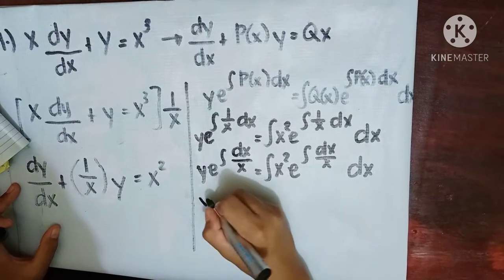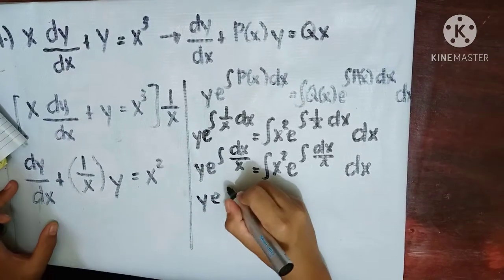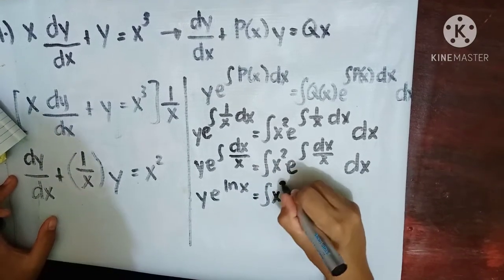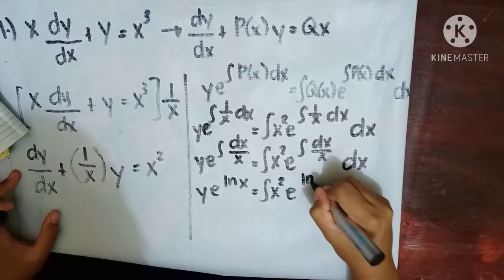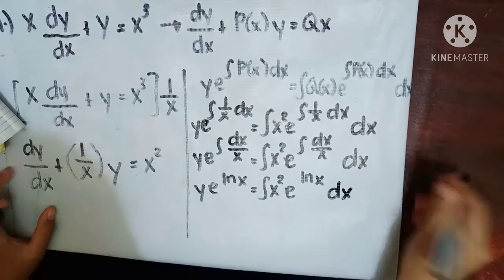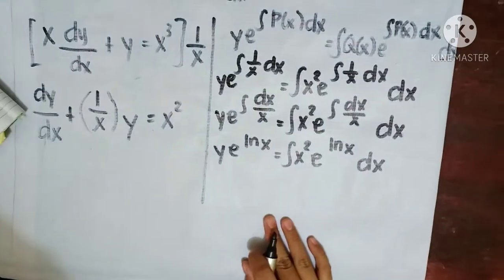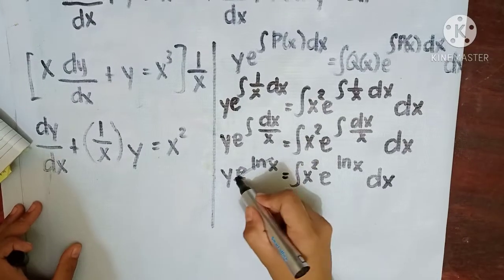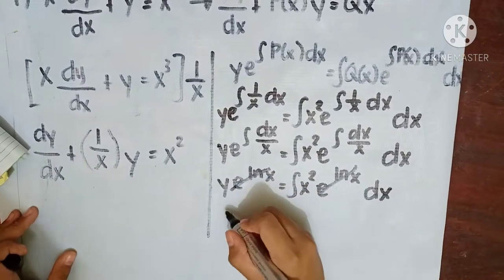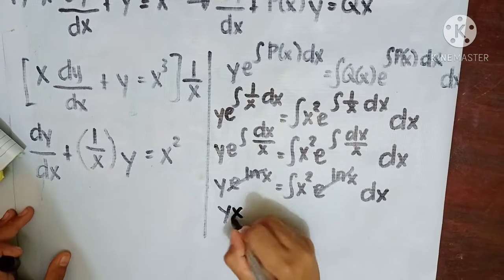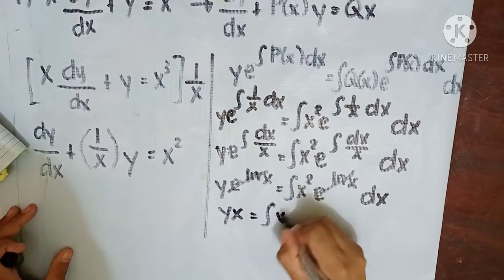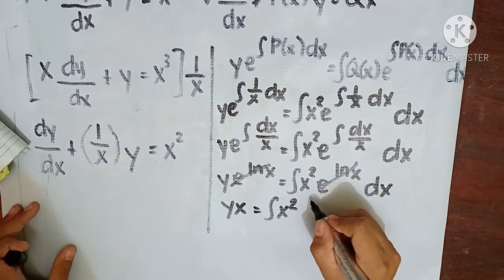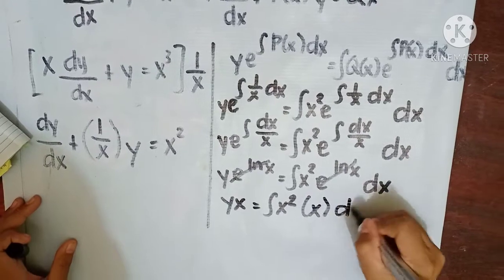Proceeding, we now have y times e raised to ln of x equals the integral of x squared times e raised to the power of ln x dx. So e and ln will cancel. We are now left with yx equals the integral of x squared times x dx.